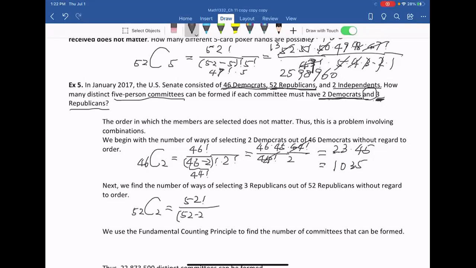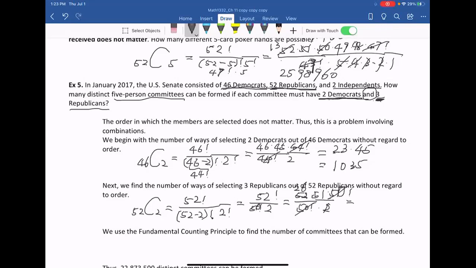So 52 factorial over (52 minus 2) factorial times 2 factorial, 52 times 51 times 50 factorial.